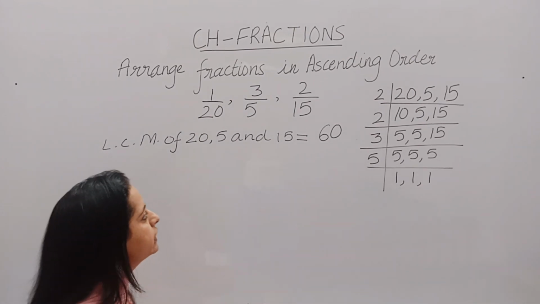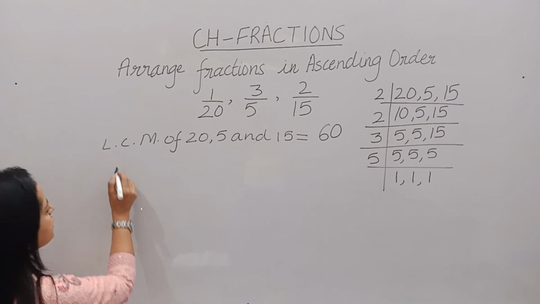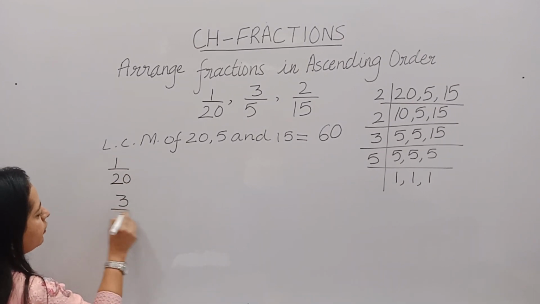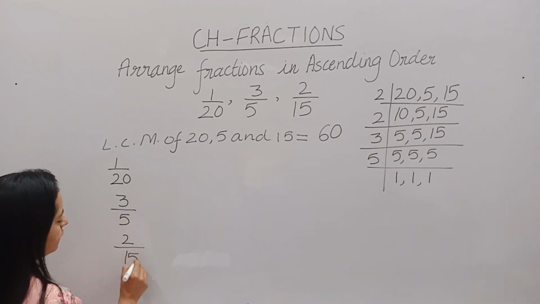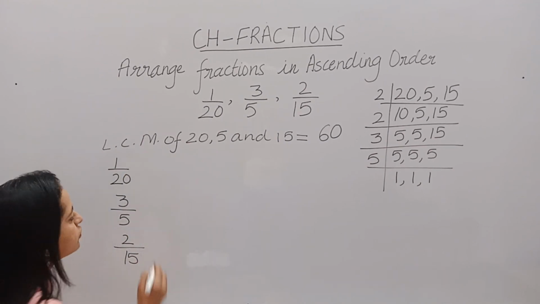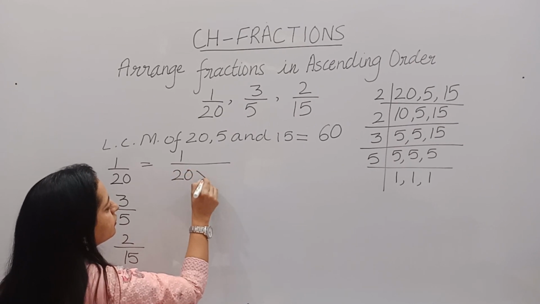Now we will convert these fractions into like fractions. First fraction we have 1 upon 20, second fraction is 3 upon 5 and the third fraction is 2 upon 15, right? Now, first we will convert this fraction into a like fraction. In this, we have got 1 upon 20, right?